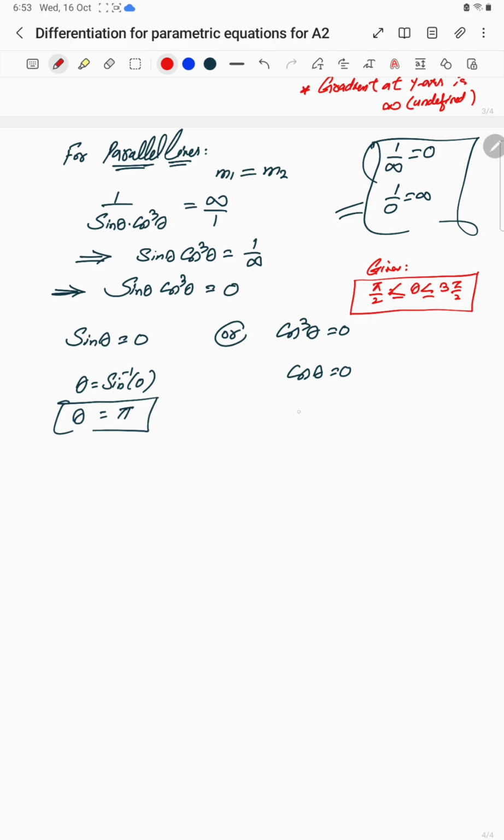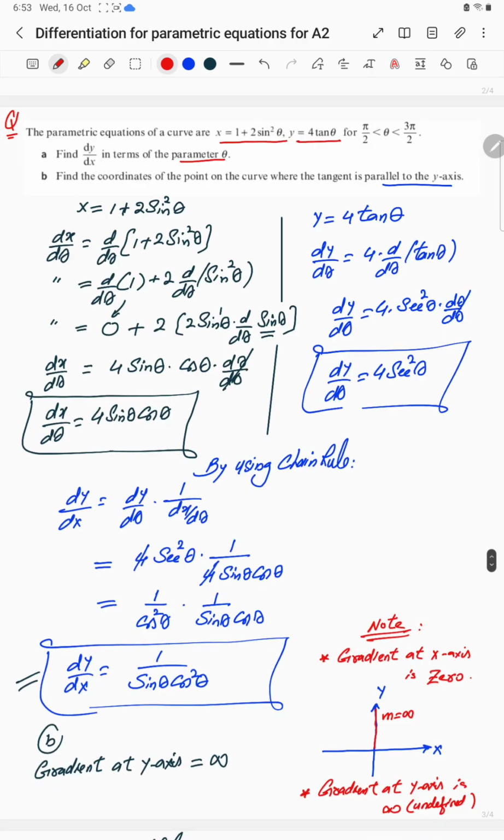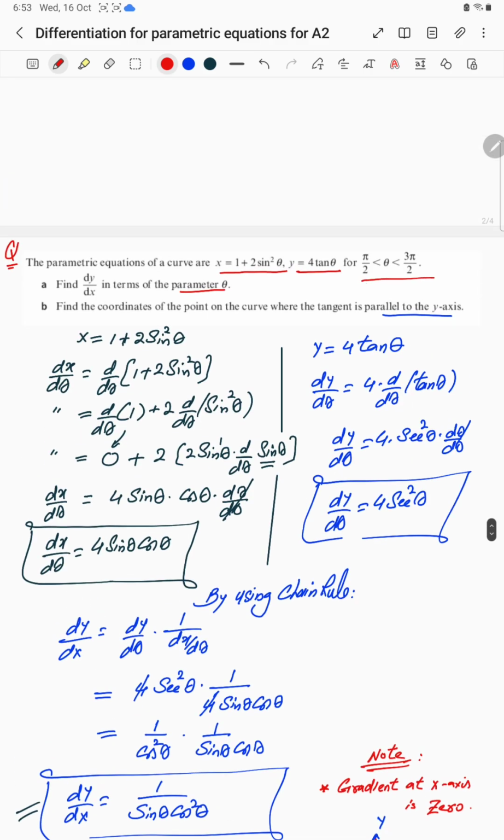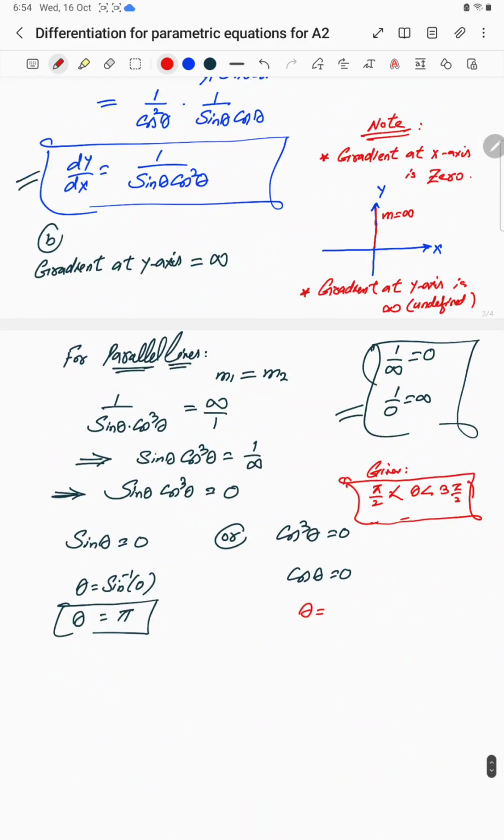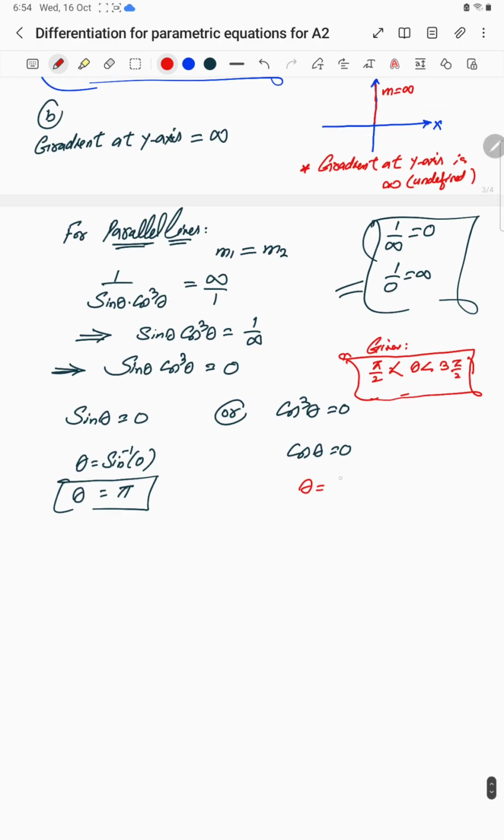And similarly from cos theta, we get cos theta is 0. Your angle is lying strictly between pi by 2 and 3 pi by 2, not with equality, as you can see it is given in the question.